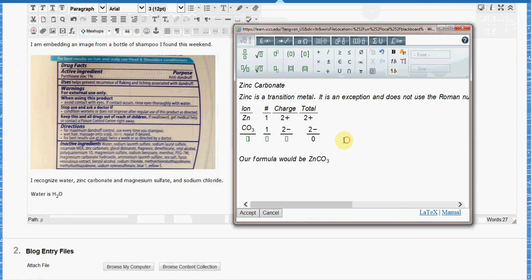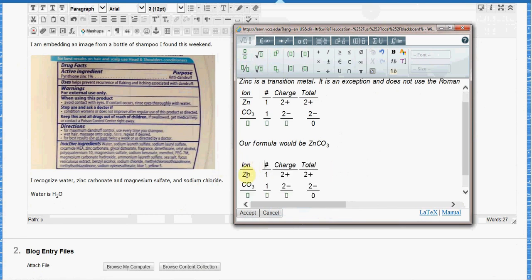Magnesium sulfate. You can actually use the same tables if you want.